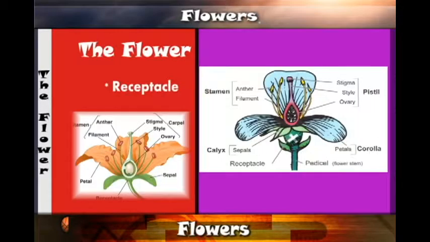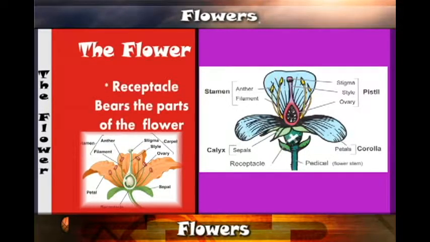Then we have the receptacle. The receptacle is a structure which is the floral part, where the floral parts are borne. It is just a structure where the floral parts are borne, where we have the sepals, where we have the petals coming from. The ovary may also come from the receptacle.